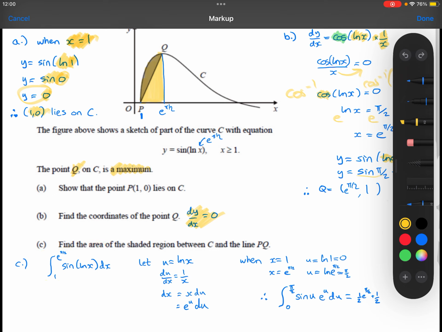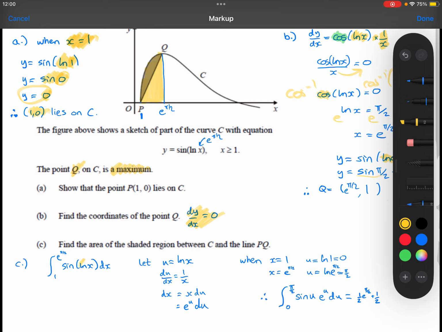Now this is a very complicated function to integrate, so I'm looking at that and I'm thinking, what's the most complicated thing about this? It's the fact that I've got an ln x inside the sine function. So I'm thinking if I made a substitution here, that might make it simpler.